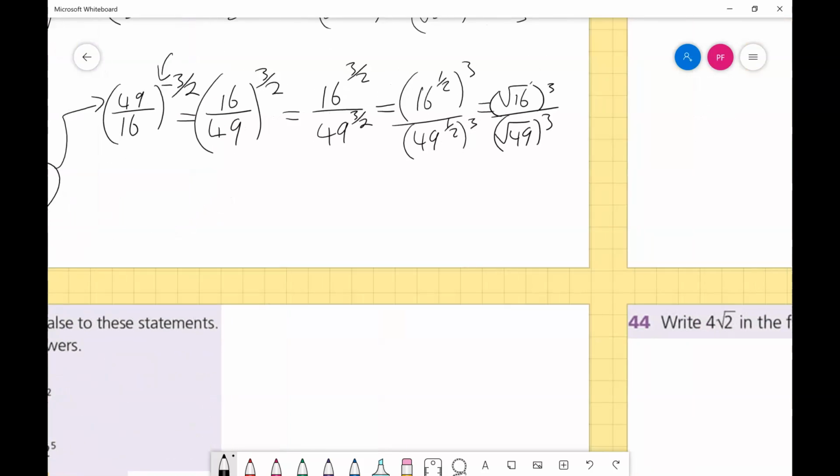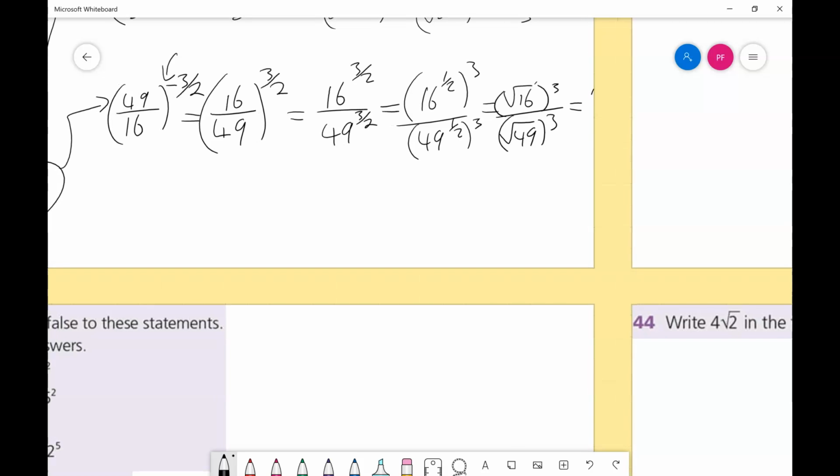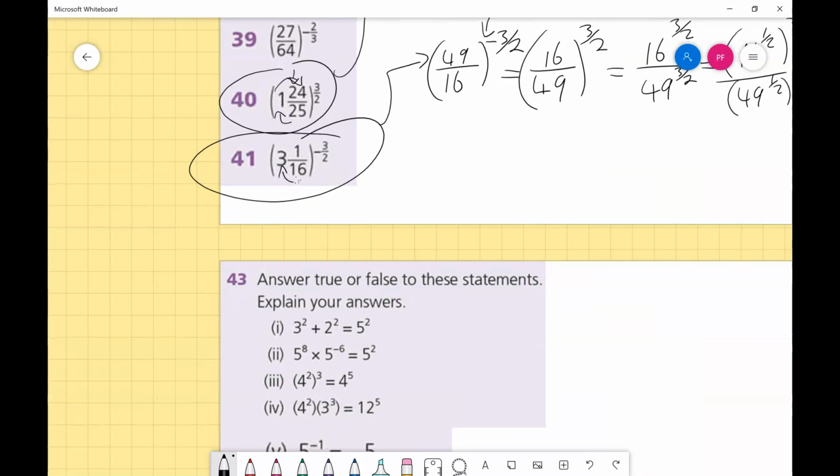The square root of 16 is equal to 4 to be cubed over 7 to be cubed. And 4 to be cubed is 64. And 7 to be cubed is 343. And that's it.